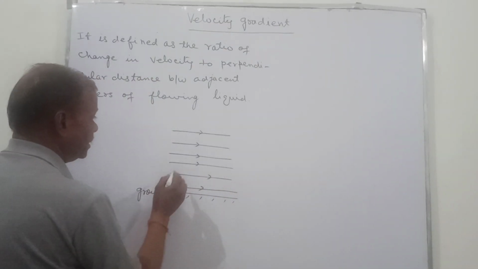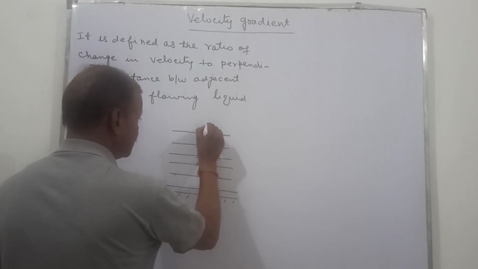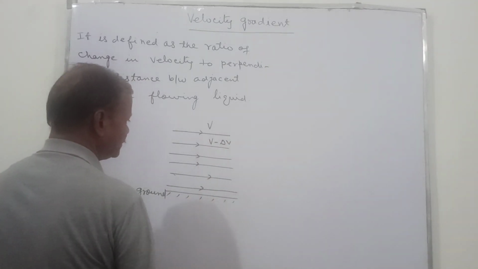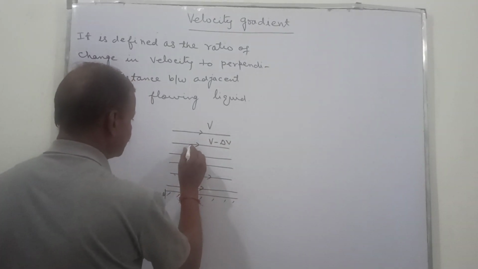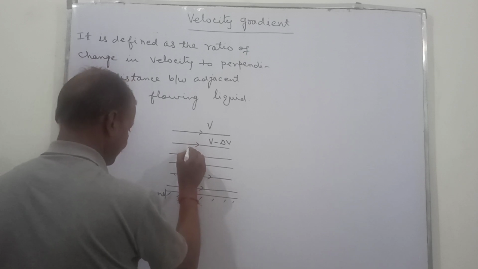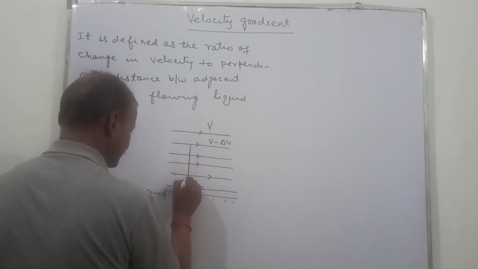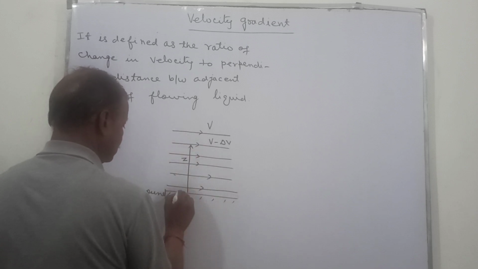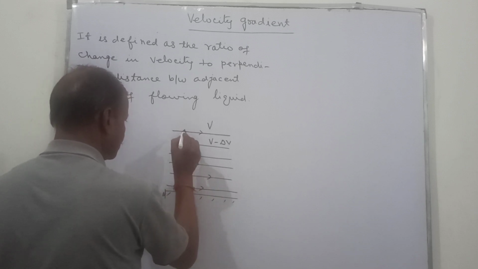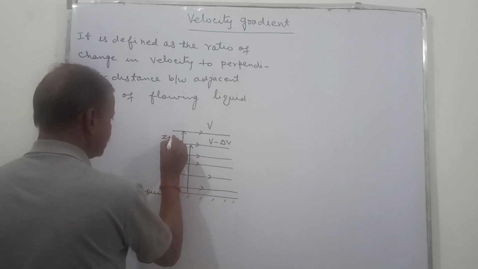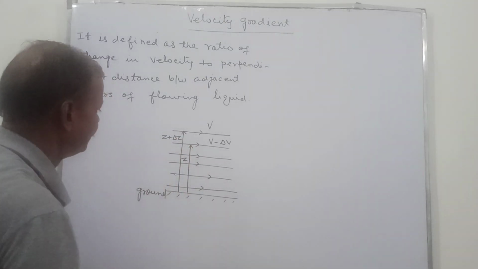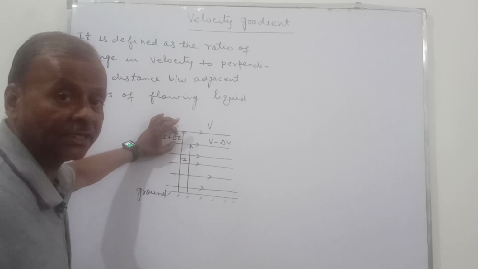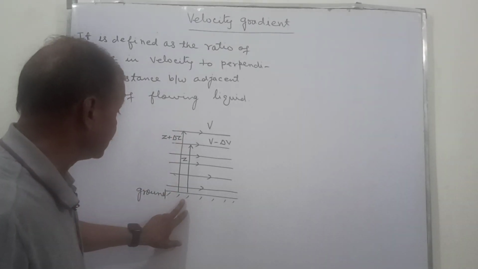So now the velocity of this one is equal to v, and its velocity is v minus delta v. Then this distance is, from here, this is the distance z, and this is now distance z plus delta z. So distance between these two adjacent layers is delta z. So now we measure the distance from the ground.